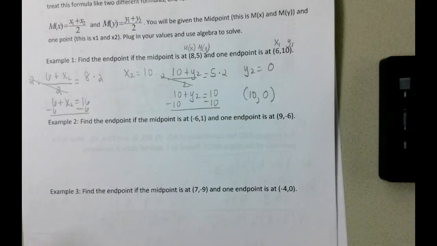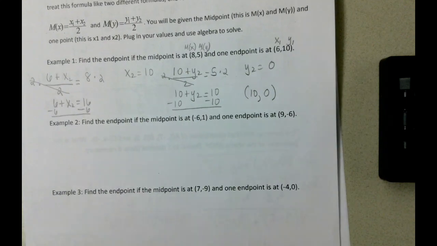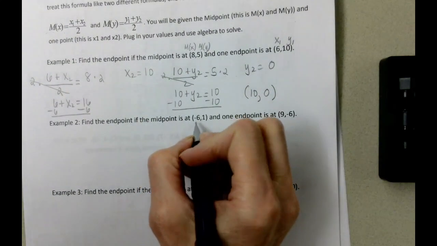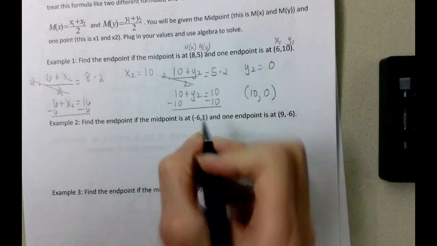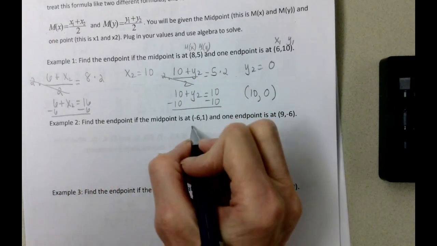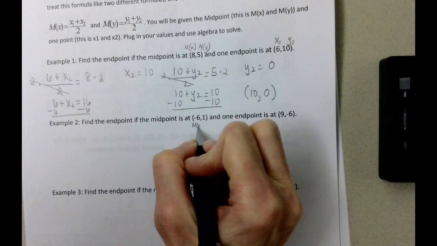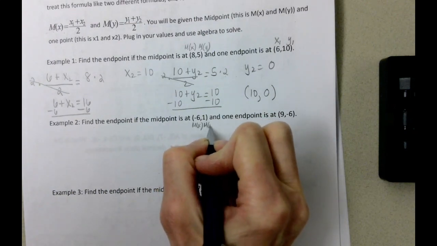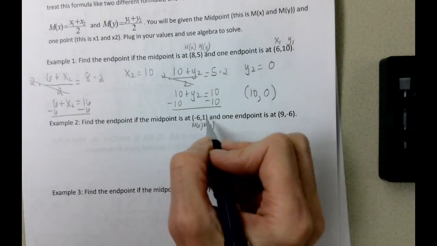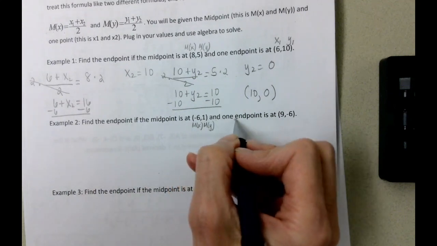As always in this entire unit, I find it helpful to label everything. Try to do a little bit better with my space, but find the endpoint if the midpoint. So this is mx, the negative 6 is mx, the 1 is my, and then one endpoint.